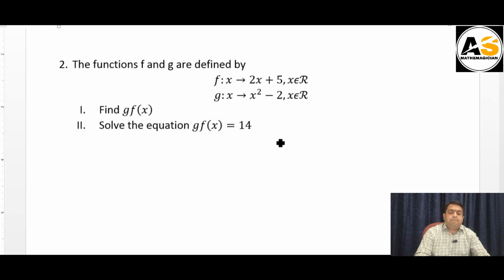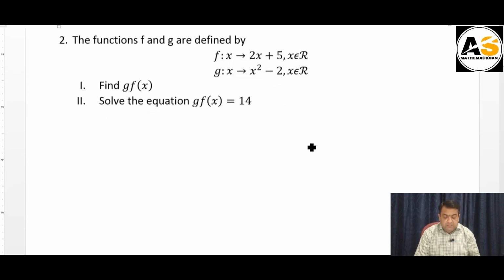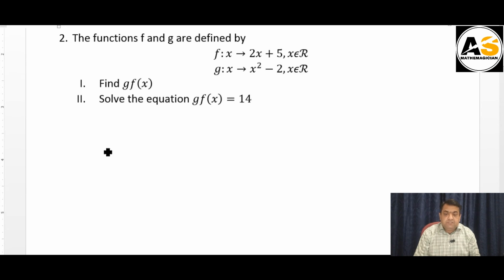In this question, we are given two different functions f and g. f is the function 2x plus 5 and g is the function x square minus 2. In the first part, we have to find g of f of x. g of f of x is equal to, this is the function g, but in place of x over here we will write f of x.